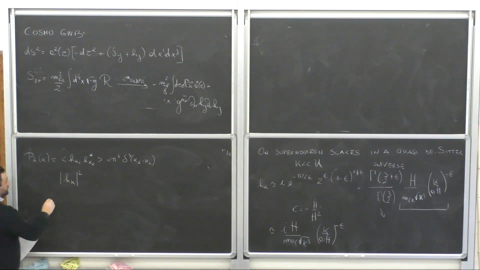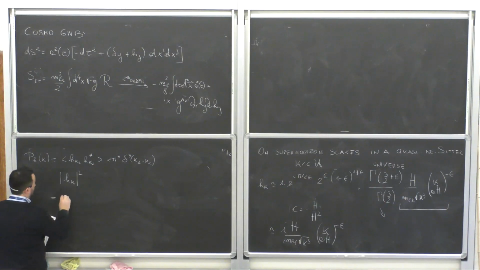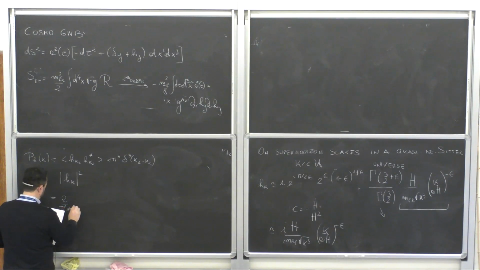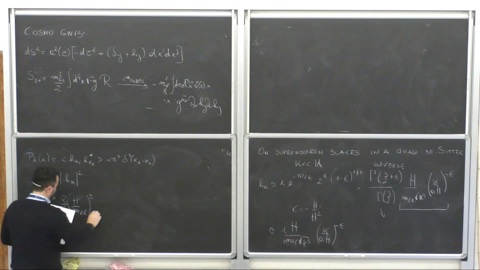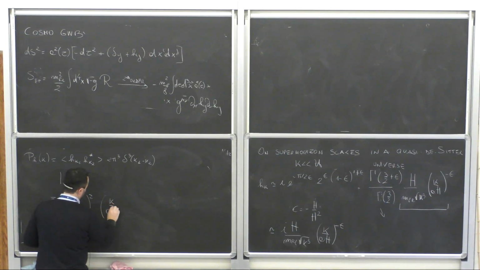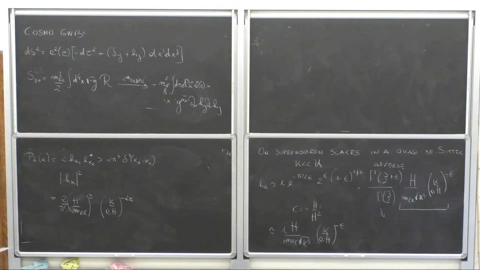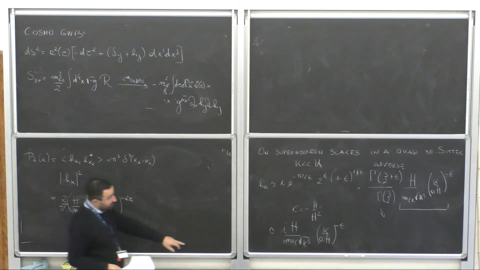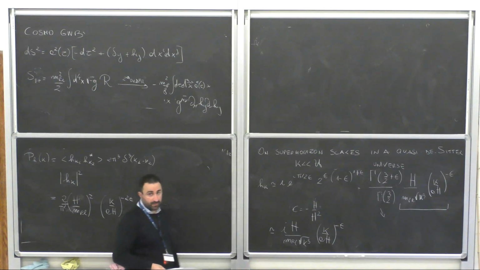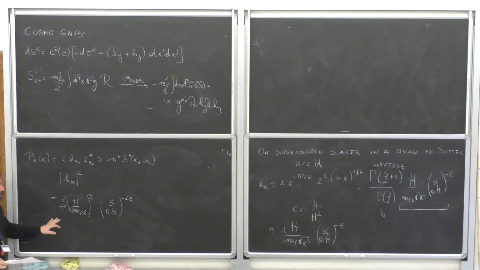So you arrive at this form, 2 over pi squared Planck mass squared, I just square this, h h star.